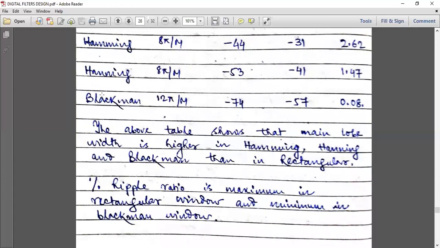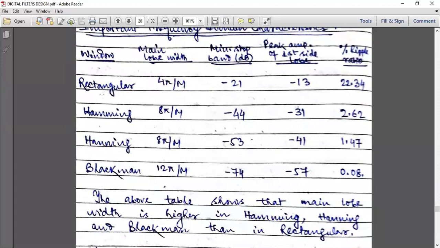That means main lobe width and percentage ripple ratio are inversely related. Since the rectangular window has the least main lobe width, it has the highest percentage ripple ratio. For the Blackman window, vice versa: it has the highest main lobe width and the percentage ripple ratio is the least, 0.08% only.